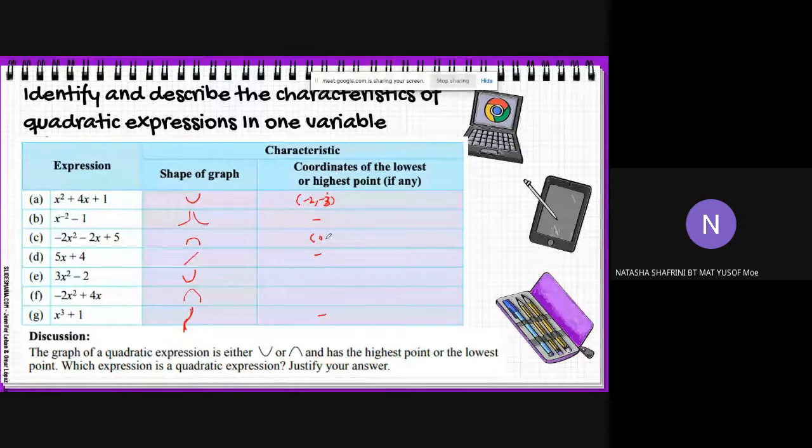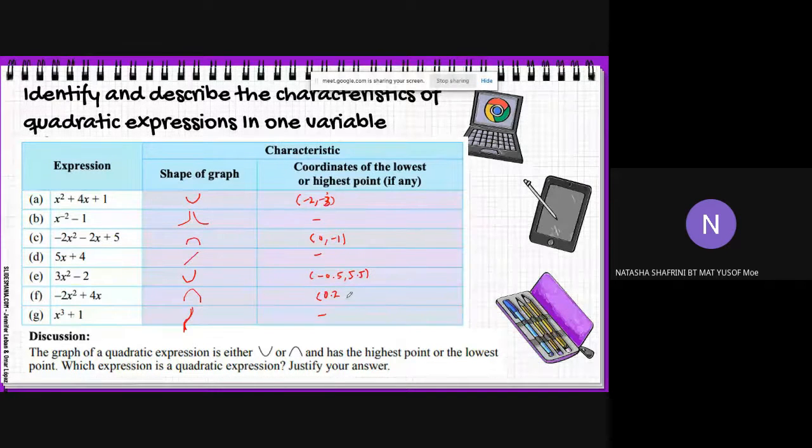Kosong, -1. Okay, yang E. -0.5. 5.5. Mana? Cikgu salah ke?